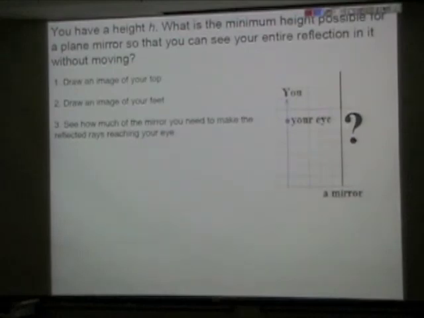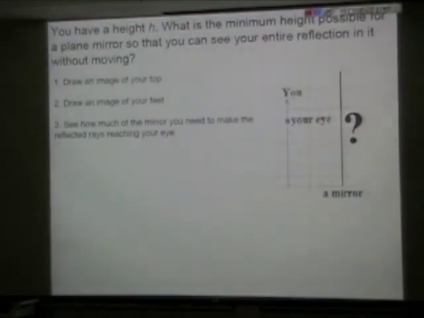Well, not yourself, it would be hard, but your image. Can you see yourself completely from the top to the bottom? Well, you can cheat.